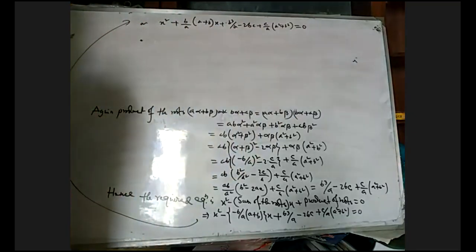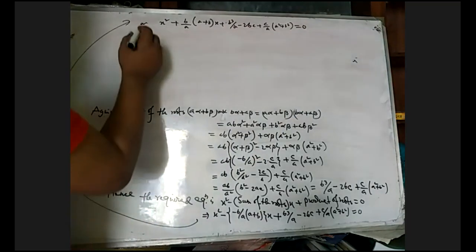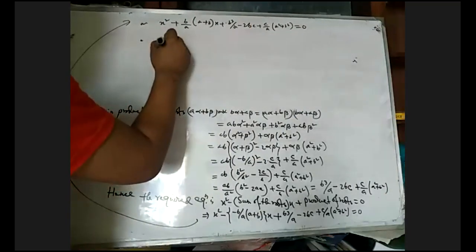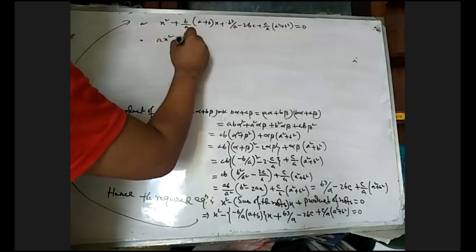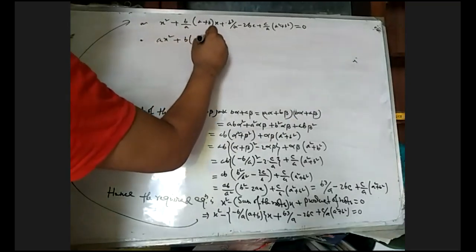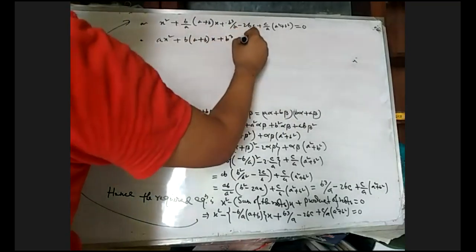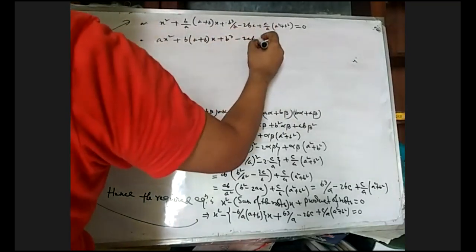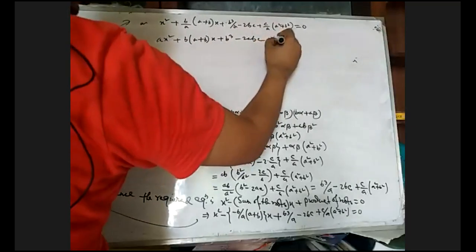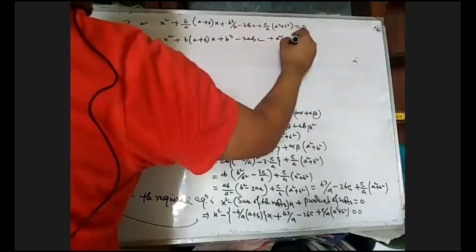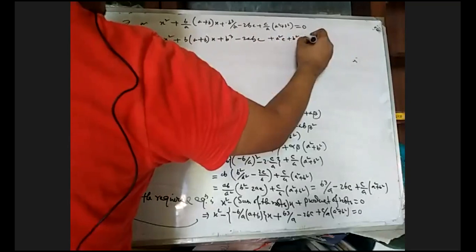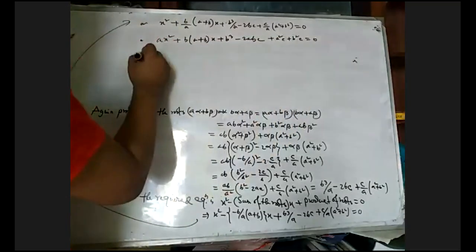Or, actually multiplying by a on both sides, we get x square into a plus b square x, minus twice abc, and multiplying on both sides, we get a square c plus b square c equals to 0.